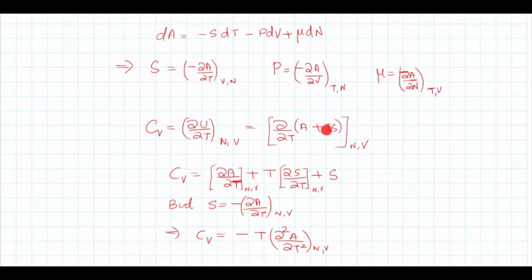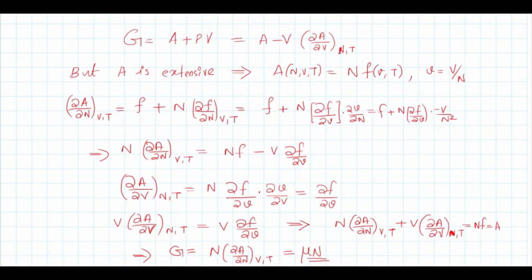Okay. So for this TS you apply the product rule. But we already know that S is minus dou A by dou T at a constant N and V. If you substitute for this last S, then the last term and first term will cancel. And in the second term, that becomes a second derivative. This S is minus dou A by dou T. So this term becomes minus T dou square A by dou T square at a constant N and V. This is specific heat at a constant volume.